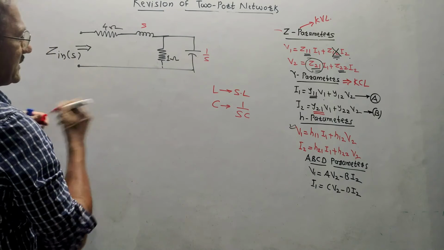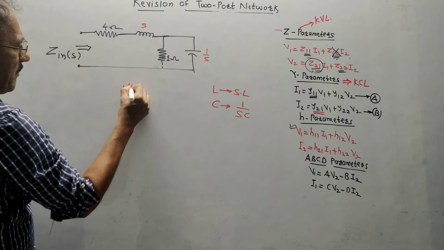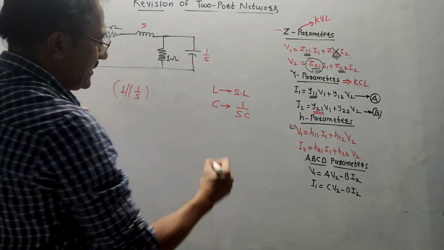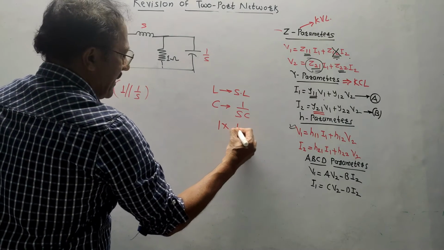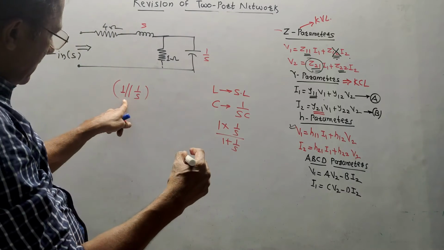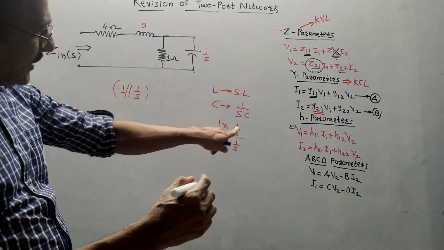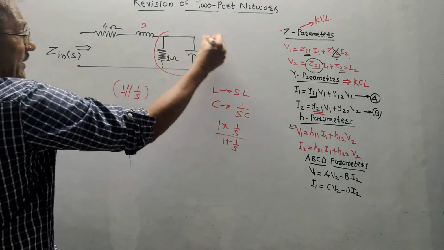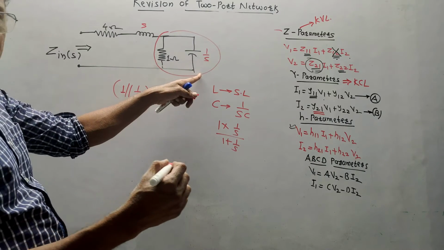First combination I will write as 1 parallel 1 by S. I hope you are aware how to do this parallel combination. It is very simple. 1 into 1 by S upon 1 plus 1 by S. So after writing this, you will get the answer like this: 1 into 1 by S upon 1 plus S. Then once you come to know what the first calculation is, it is the parallel combination.